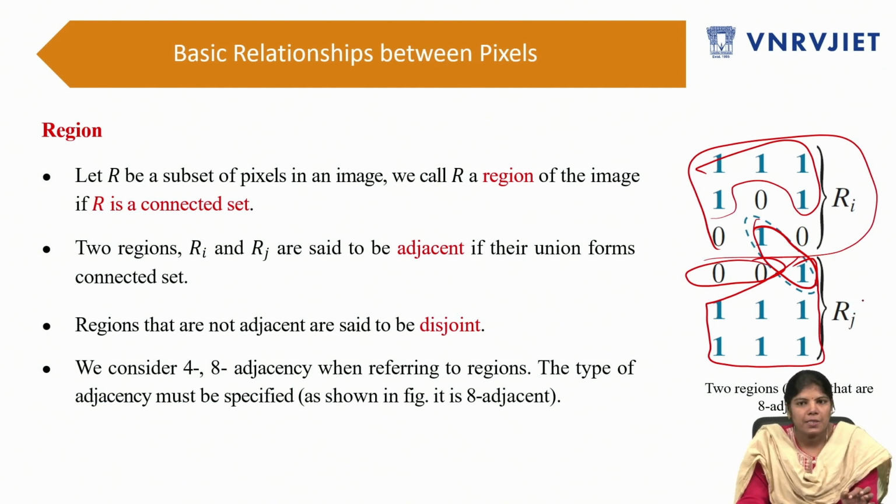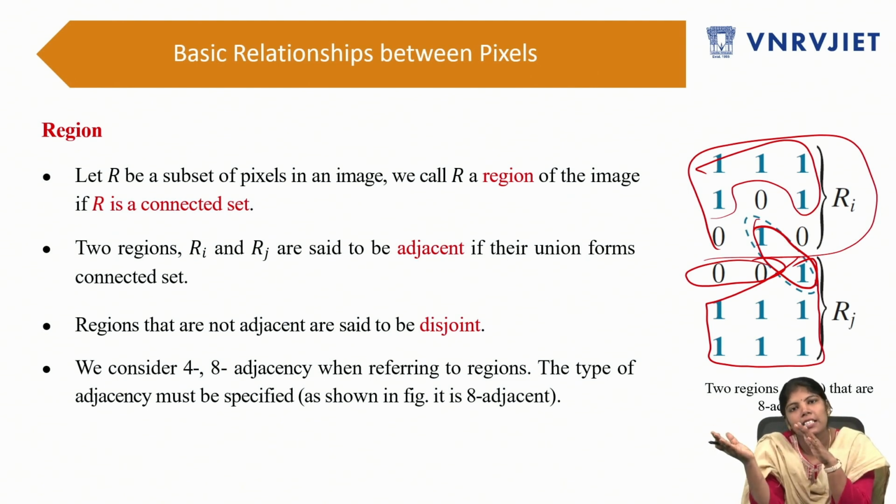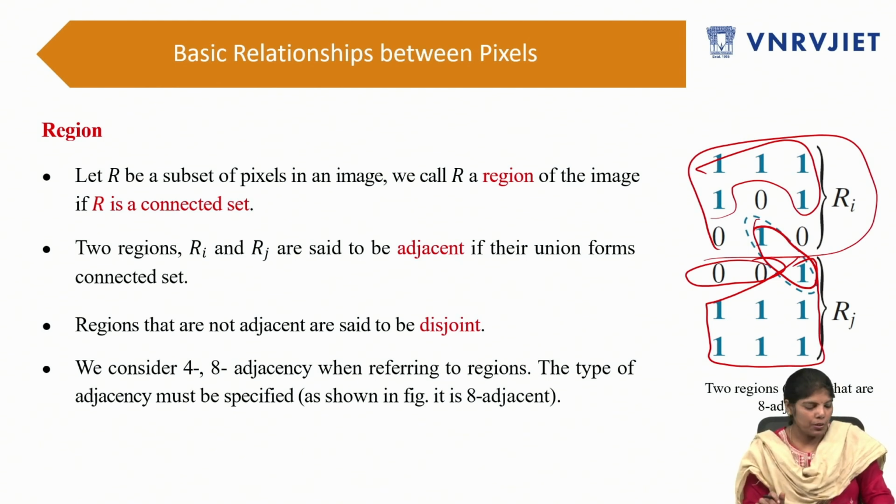Simply, it is a subset of pixels. When we capture an image, we have different regions with similar intensity values. When the image consists of different colors, if the same color has a certain path, then we can call it a region. So how the relationship exists between one region and the other region, that is about the region.